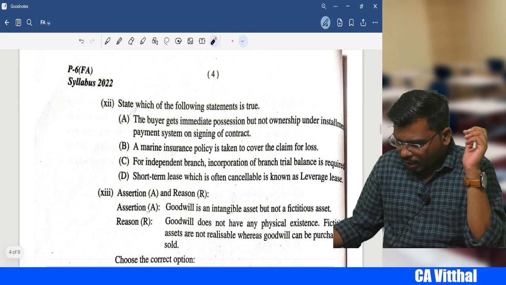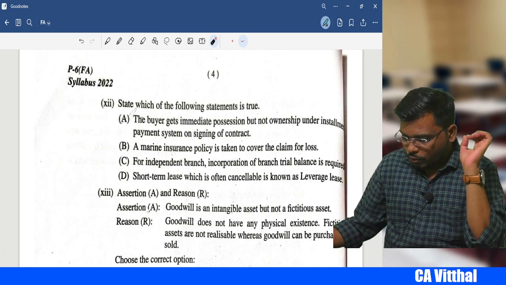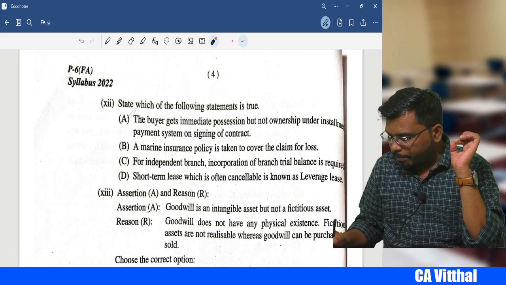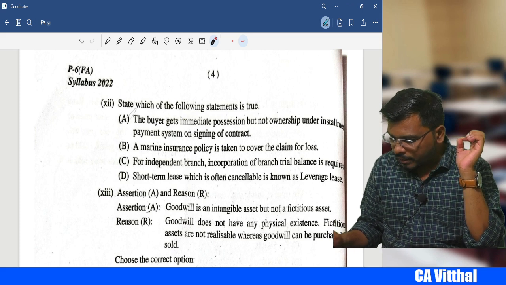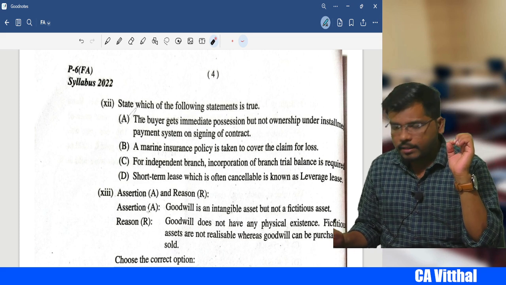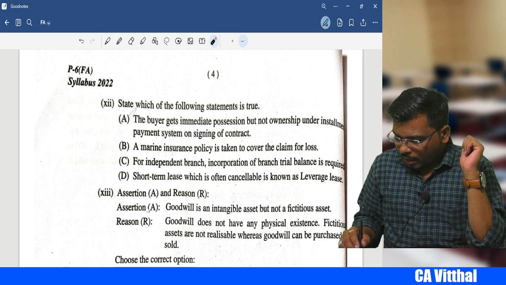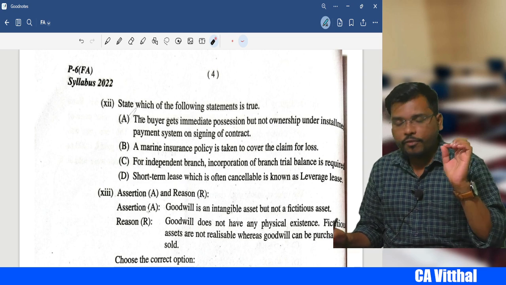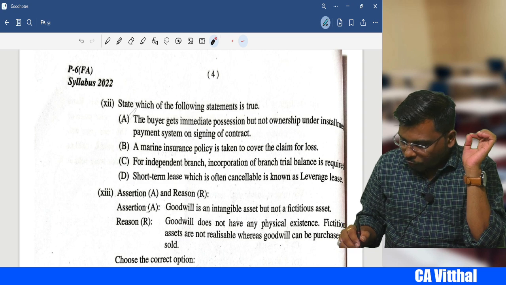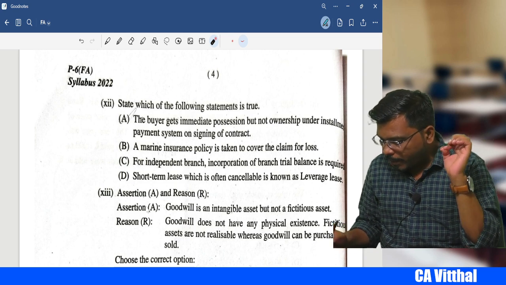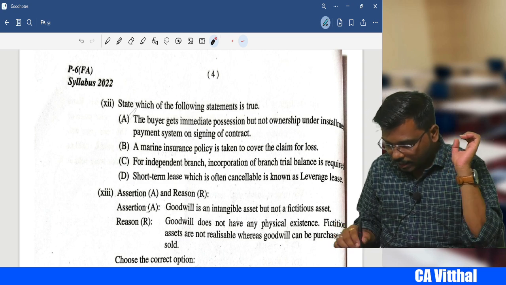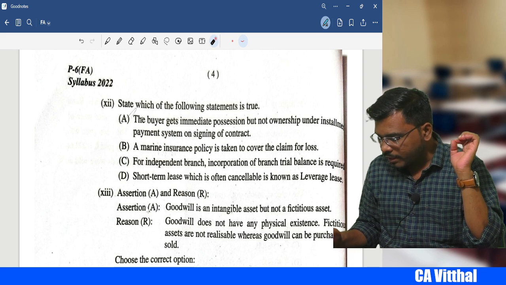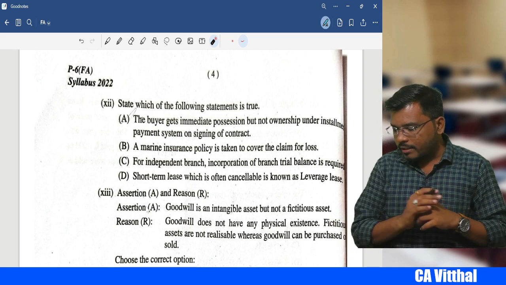Come to the next one. Which of the following statements is true? The buyer gets immediate possession but not ownership under the installment payment system on signing of the contract. A marine insurance policy is taken to cover the claim for loss. For an independent branch, incorporation of branch trial balance is required. Short-term lease, which is often cancelable, is known as leverage lease.